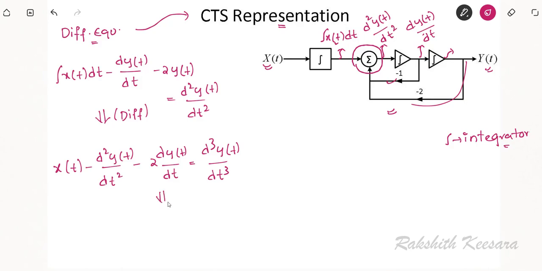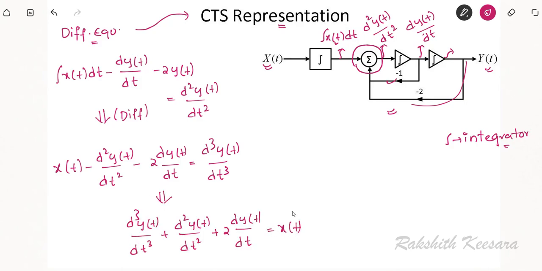I can also write this in terms of x of t. Here the input is x of t and output is y of t. This is called as differential equation representation of system. And this is only for continuous time systems.